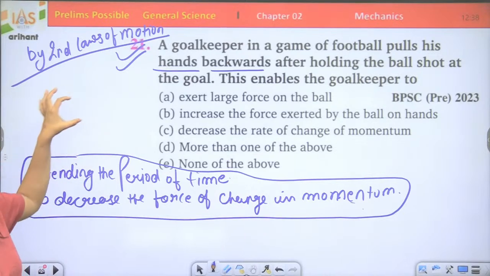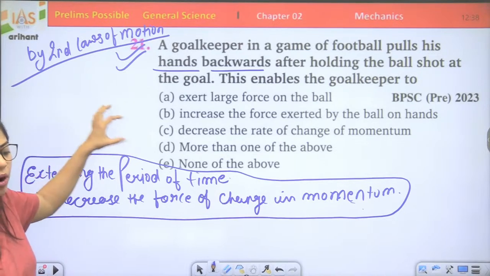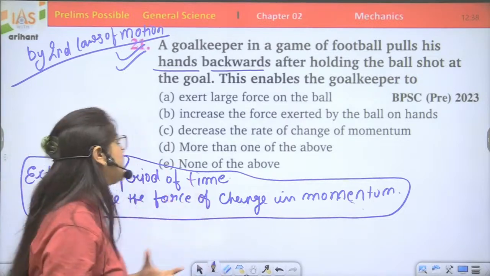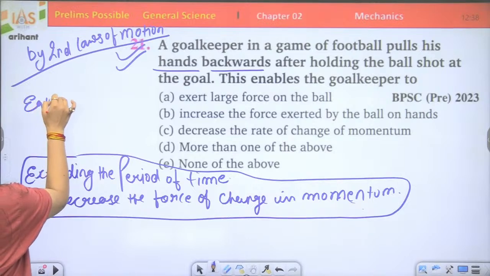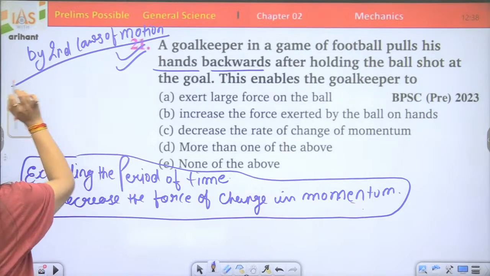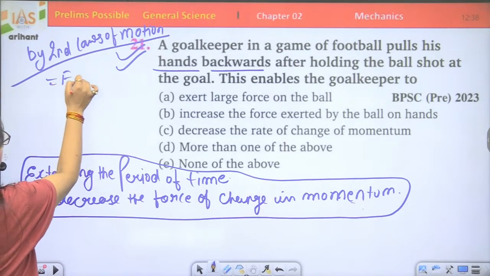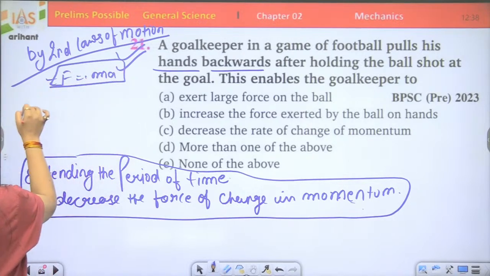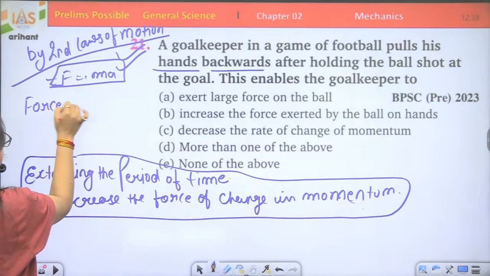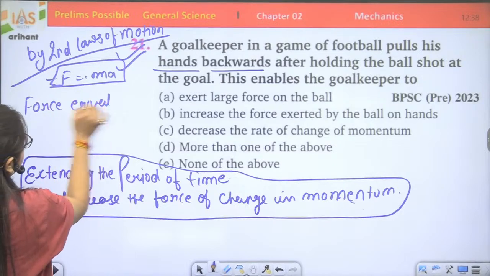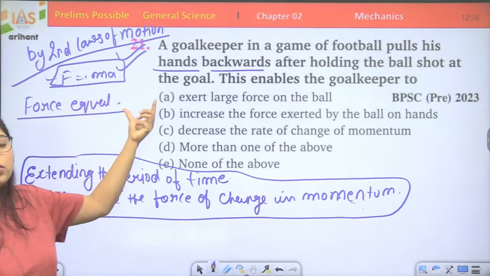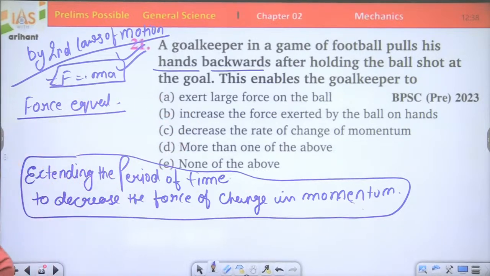according to the second law of motion, a body's force is equal to the product of its mass and acceleration. Second law of motion is F is equal to ma, mass into acceleration. So force is equal to the product of its mass and acceleration, right? This is the second law of motion.